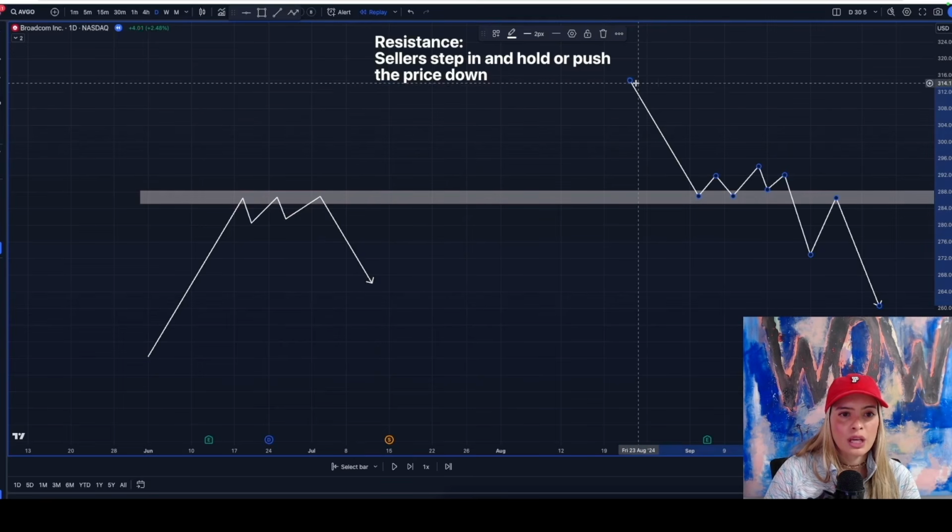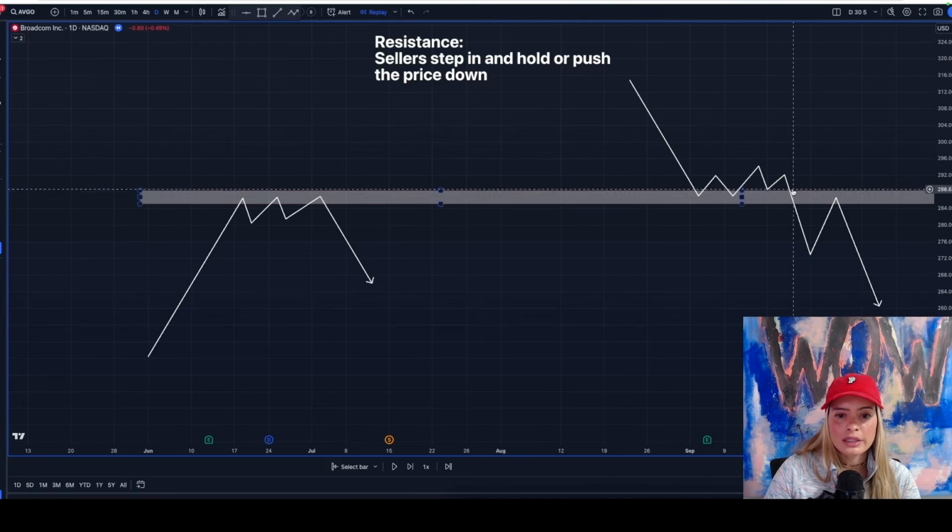And here we have the market in a downtrend, hitting a support level, only for the sellers to win this battle and break the buyers' support level, continuing to the downside and then bouncing, and then the support level is acting as a rejection point and the price keeps going down.